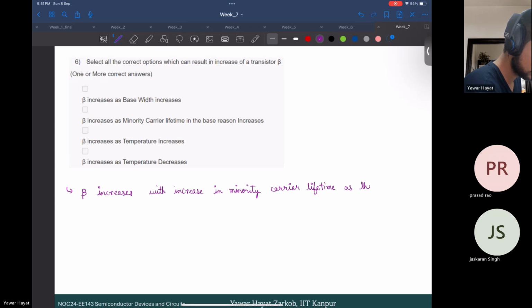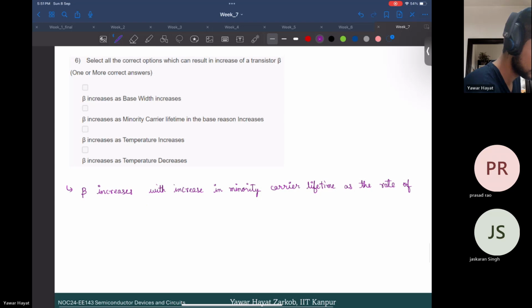As the rate of recombination reduces, right?